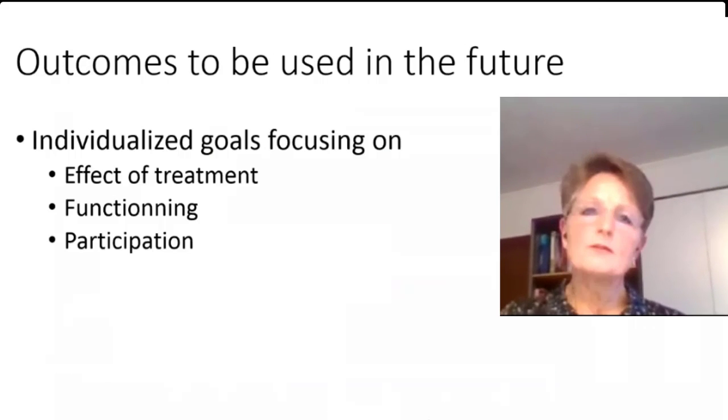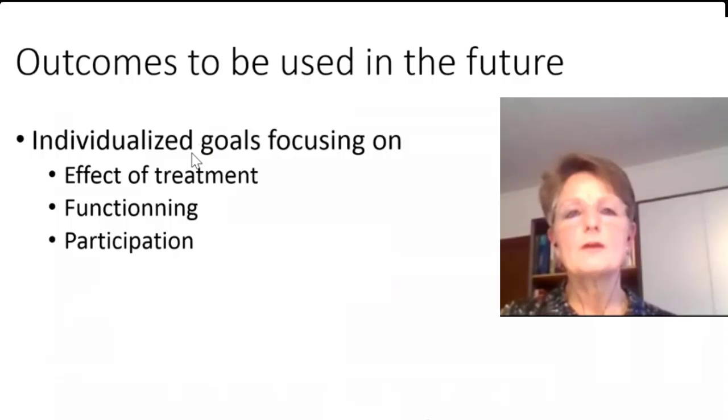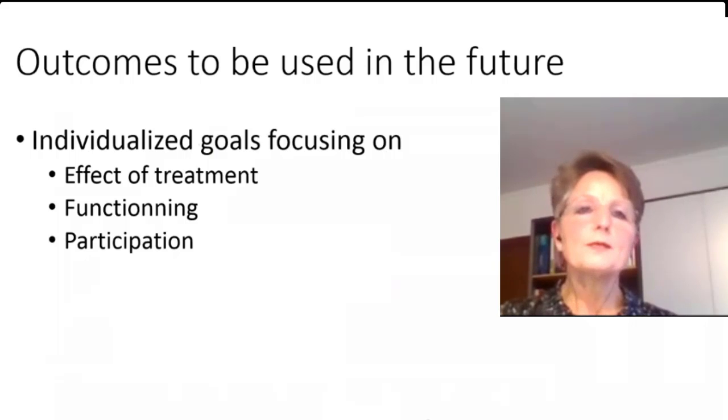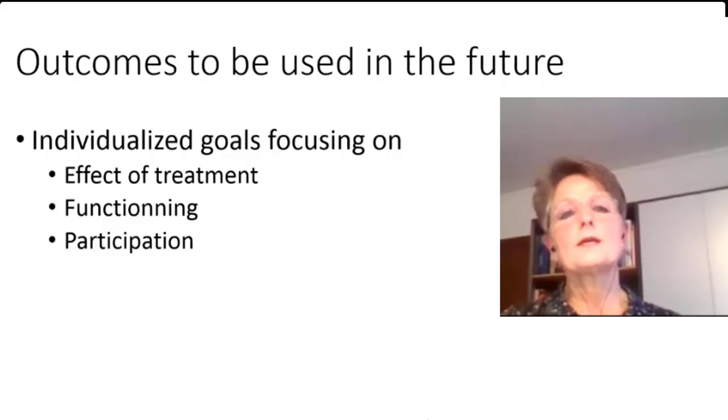But we figured out that we cannot do that, because when we use lots of items, the ICF items defining the whole situation of the patients, we cannot use that information as a combined measure as goal setting.